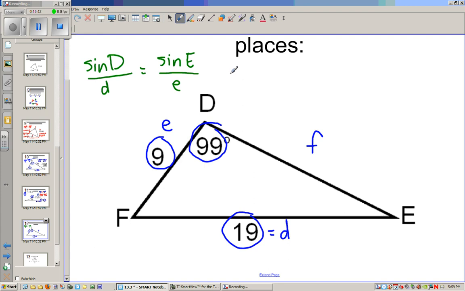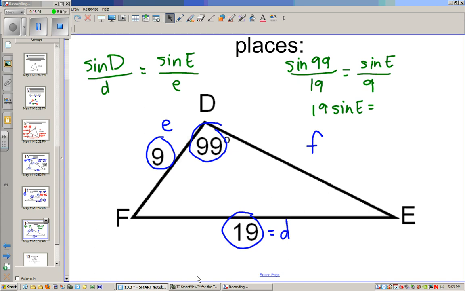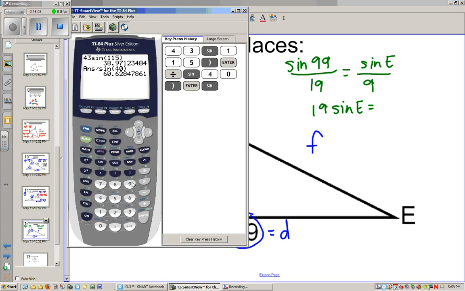So let's start with this one. Our sine of D is sine of 99 over 19. This should be equal to sine of E over 9. Cross multiplying, we get 19 sine of E is equal to what the sine of 99 is times 9.